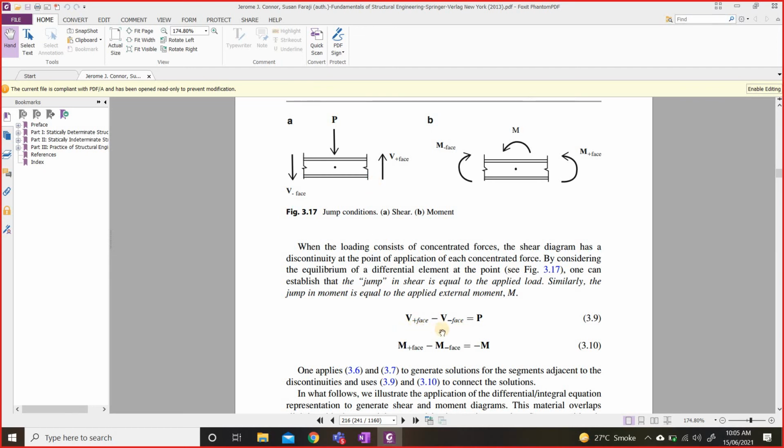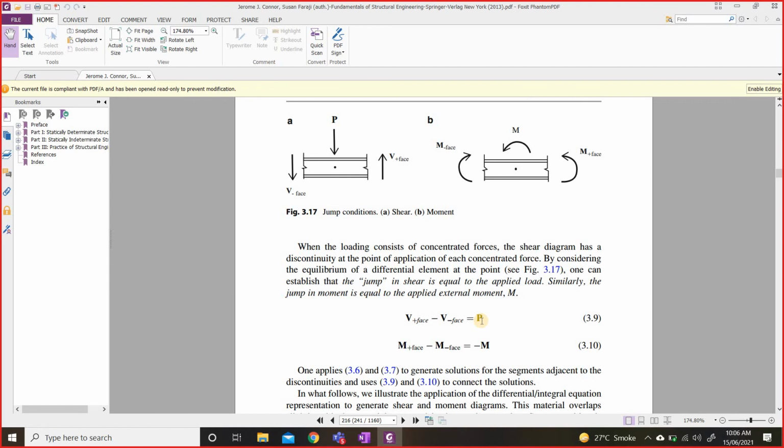Considering the equilibrium of this free-body diagram, V on the positive face minus V on the negative face would be equal to P. The difference between them would be equal to P.